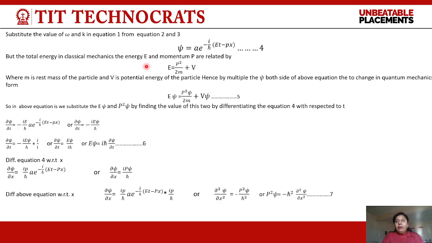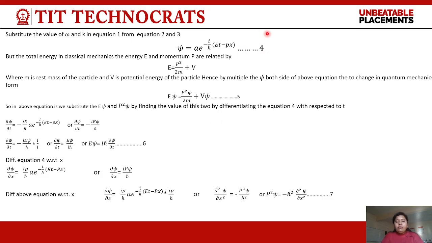In classical mechanics, E is equal to P square by 2m plus V. But now we are changing it into quantum form by multiplying psi on both sides. This relation helps us to establish the Schrodinger wave equation. How? Now we are solving it again.